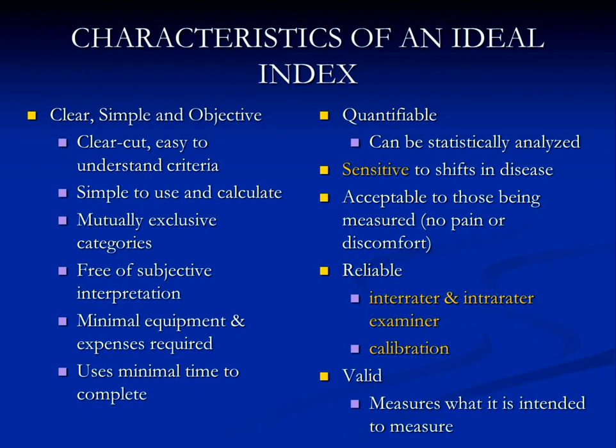The third characteristic of an ideal index is that it's sensitive. So remember in the last video we discussed what sensitivity means. So basically it's sensitive to shifts in disease. So it will detect a relatively small shift in disease. So let's say it will detect a very minute presence of a disease that's in there.